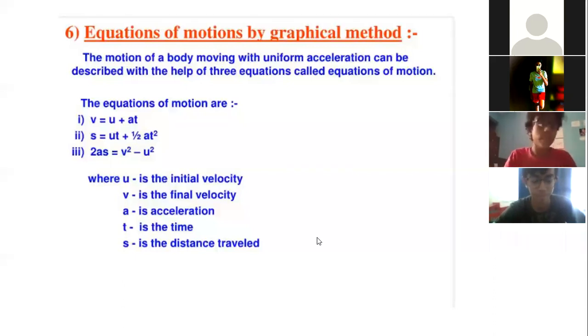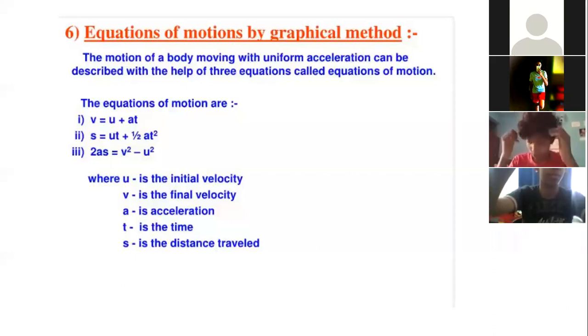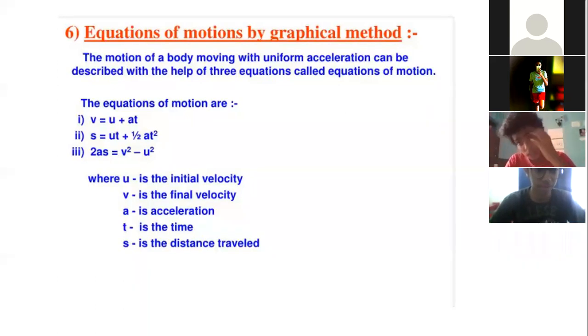Now, equations of motion. When we have understood graphical representation for position-time graph and velocity-time graph, Newton worked on these graphical representations and derived three different equations. These three equations are derived in such a way that they are applicable in all different cases.